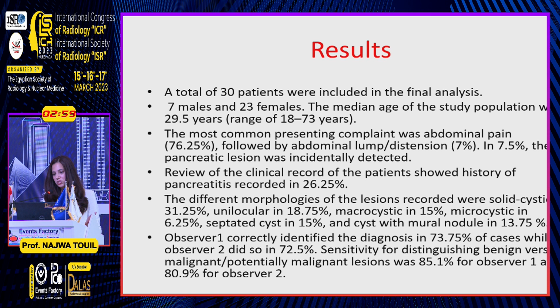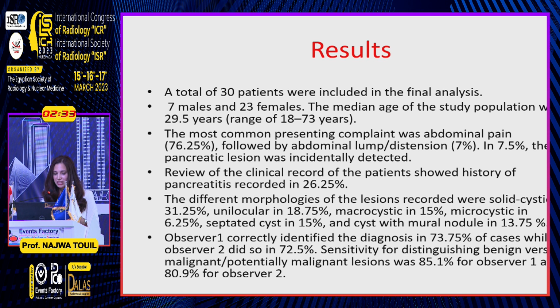And the results: a total of 30 patients were included in the final analysis, 7 males and 23 females, and the median age of the study was about 25 years. The different morphologies of the lesions recorded were solid cystic in 31% and unilocular in 80%.